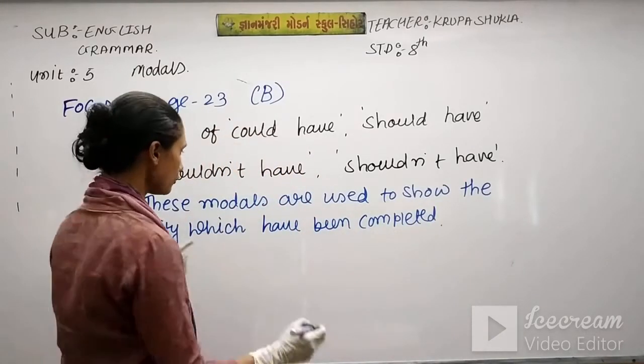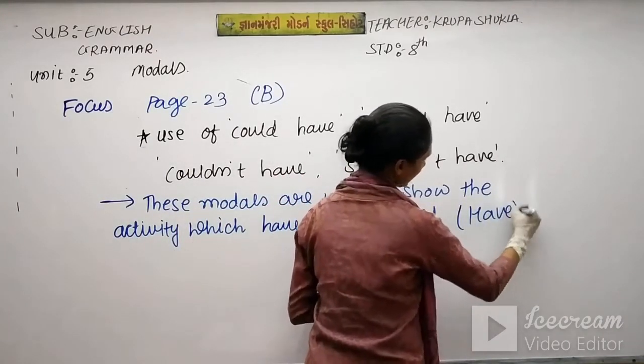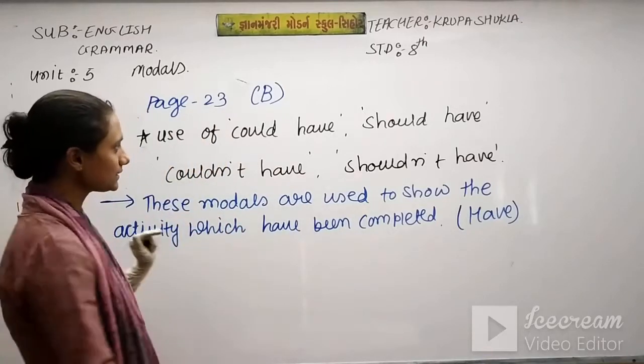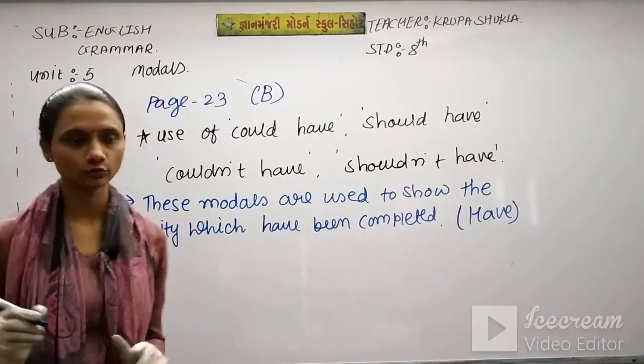This is shown with have, that we know. So what is the meaning when this have is connected with should and could?